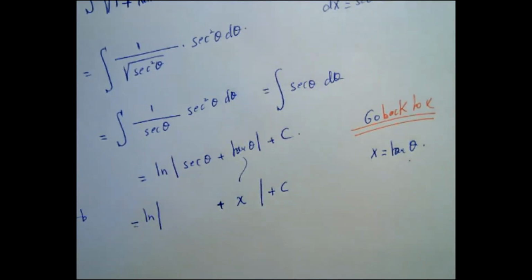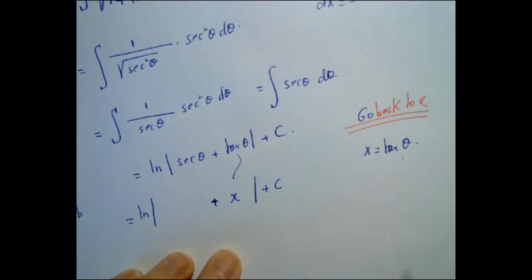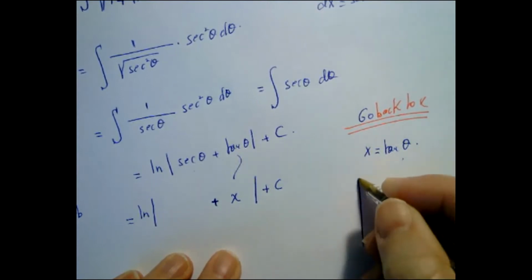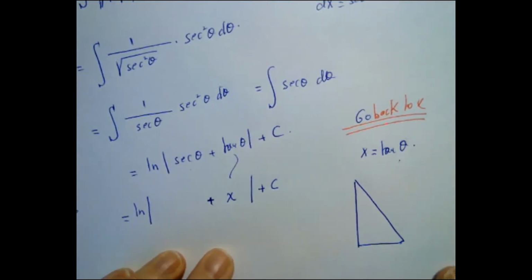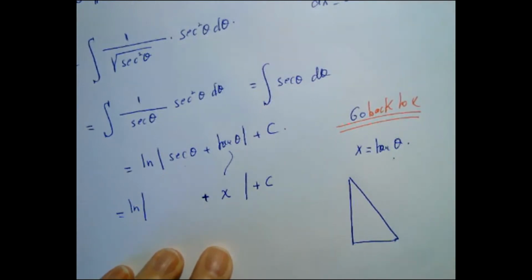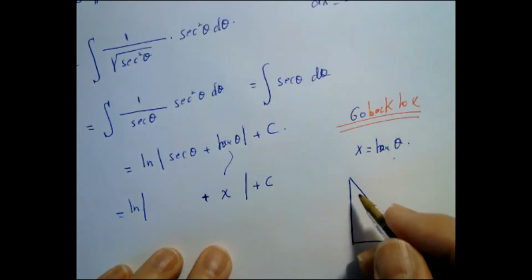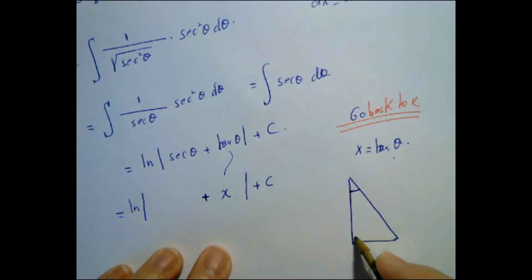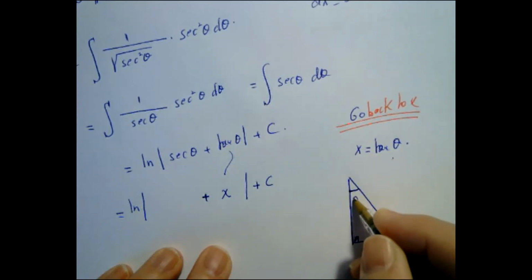Now we can go two routes. I will explain one route because it's easier. The way we're going to find it is the following: we're going to build a little triangle. I'm going to pick an angle, it doesn't matter which one except the right one, to be theta.